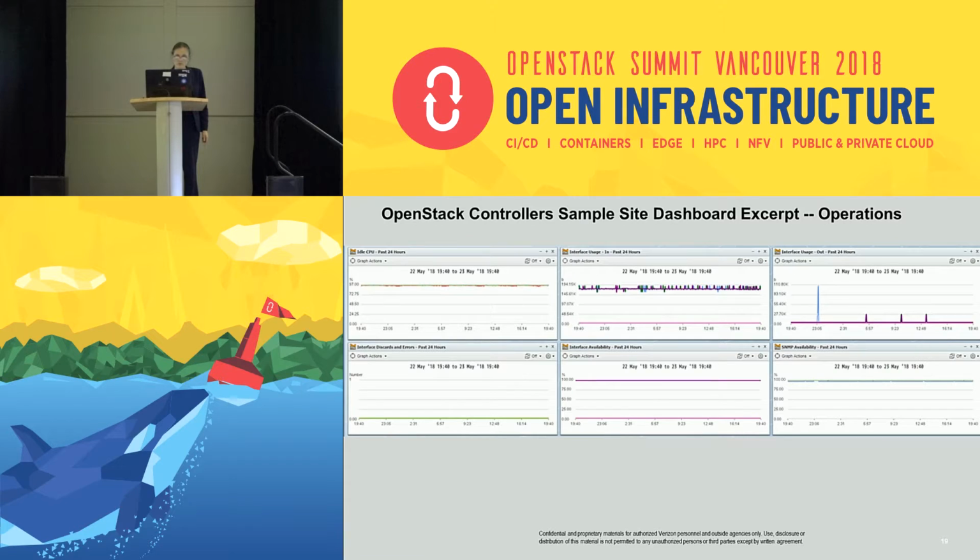And then a few more metrics. These are excerpted from a dashboard that our operations folks put together. What we found is that once things go into operations, they like to put together their own dashboards with metrics the way they like to see them. So this is an excerpt showing CPU and interface usage in and out, just for the controllers.